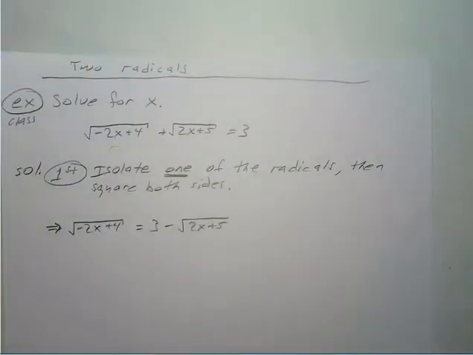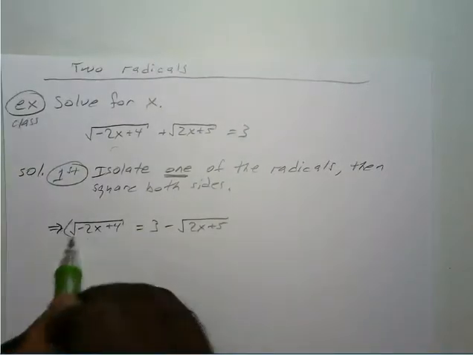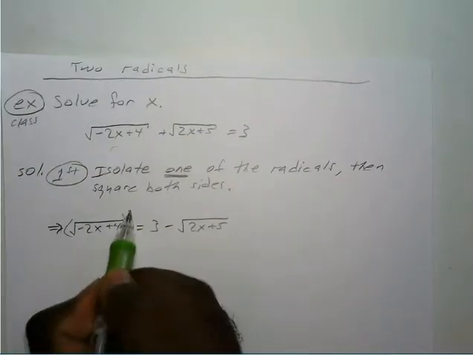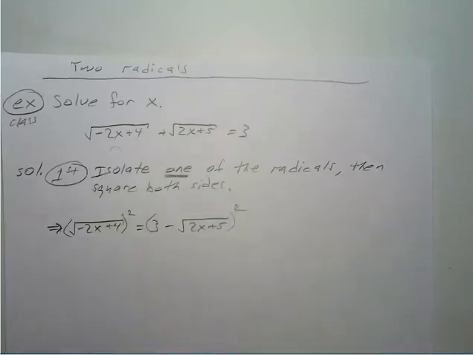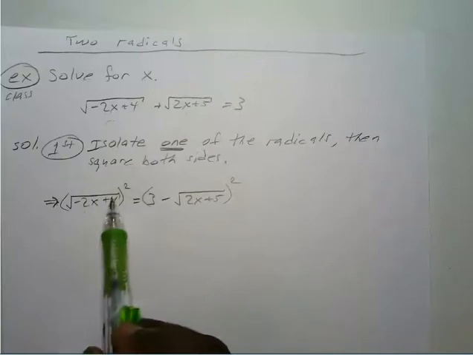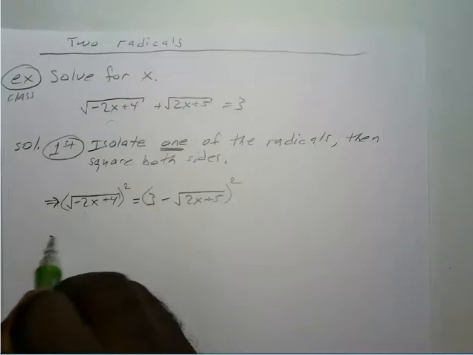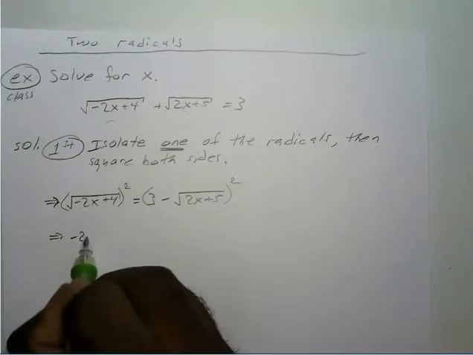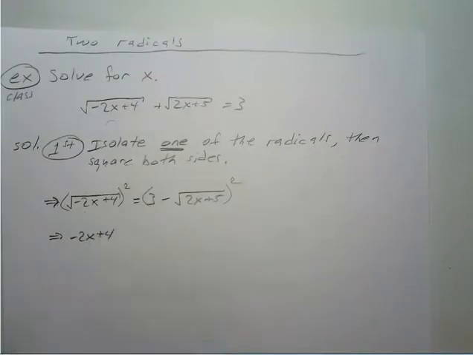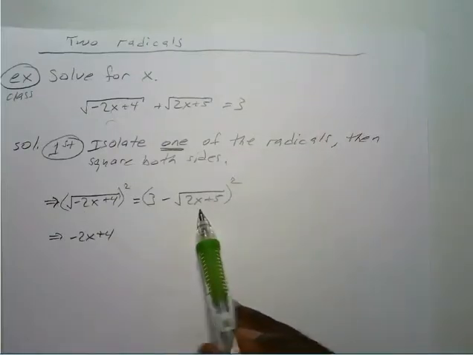Okay, and just like before, once you isolate one, you just square both sides. So we square this side and we square that side. Okay, so here you have your exponent and your square root. 2 and 2 will cancel each other out. So you end up with negative 2x plus 4. But on this side, remember, you have two terms now that you're squaring.